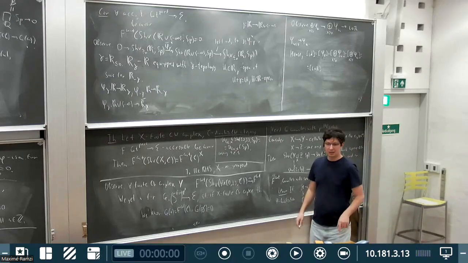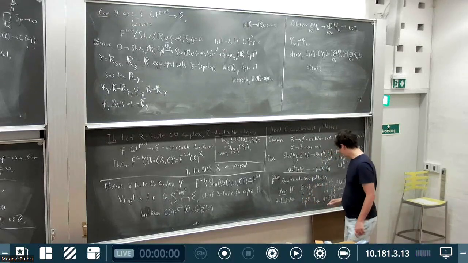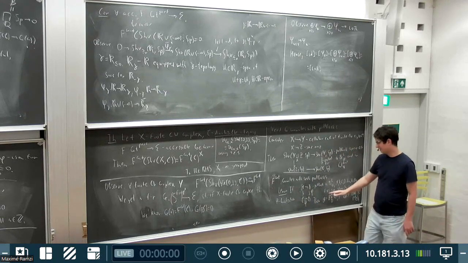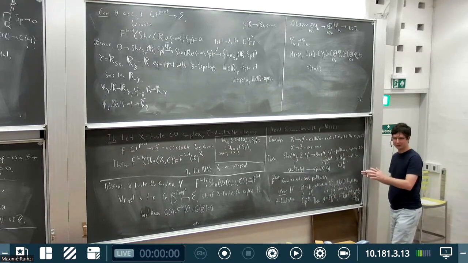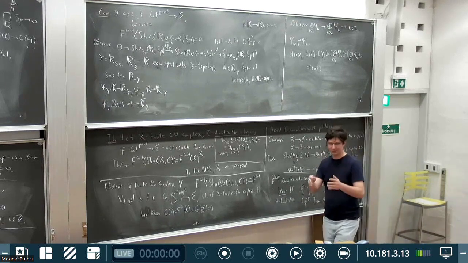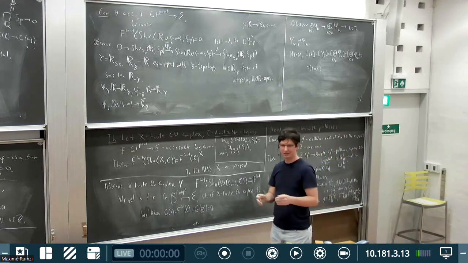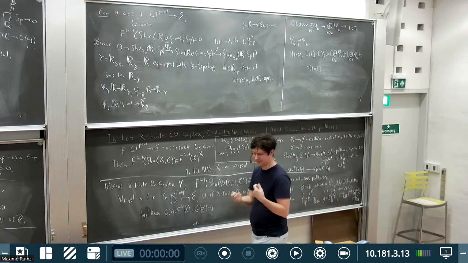The first part is true without any condition that some functor is a localization. If you have a pullback square in presentable categories and all the categories are dualizable and all the functors are strongly continuous, then it's a pullback square in dualizable categories.